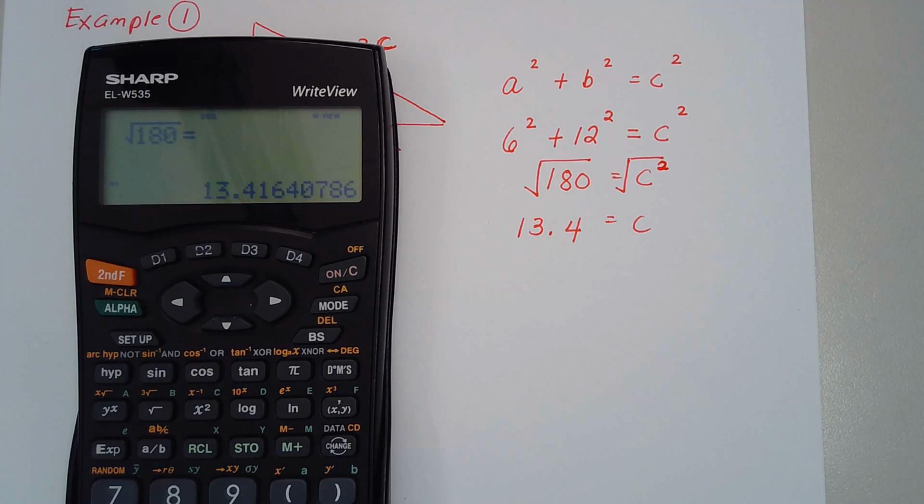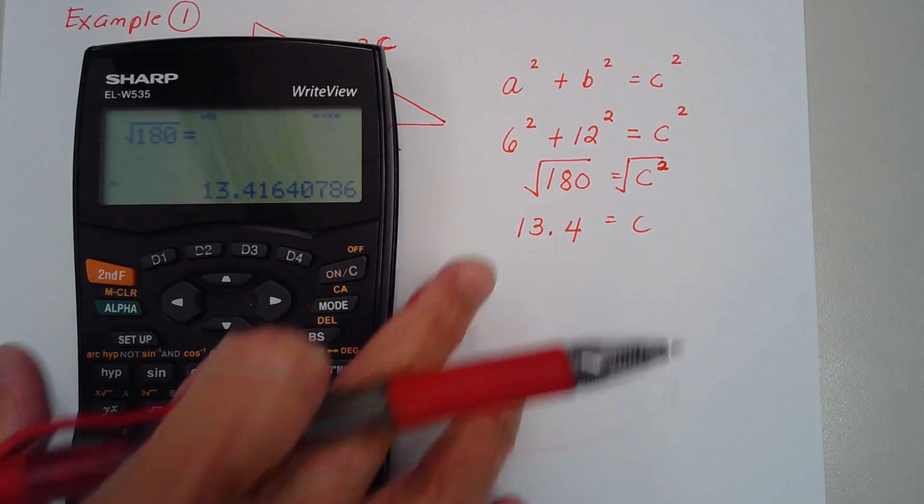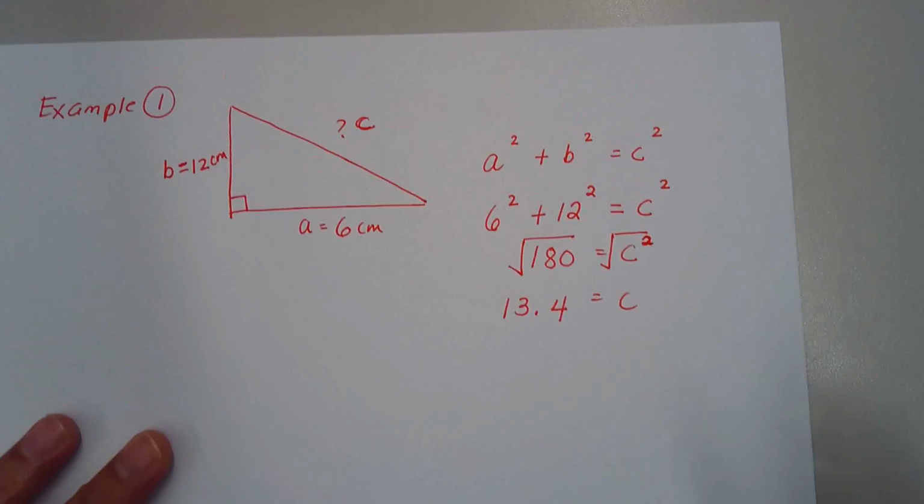Now you're going to take the square root. Square root. Okay, so everybody got 13.4? Yeah, okay, good. So that tells us that this is 13.4.